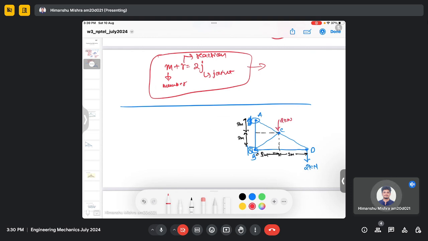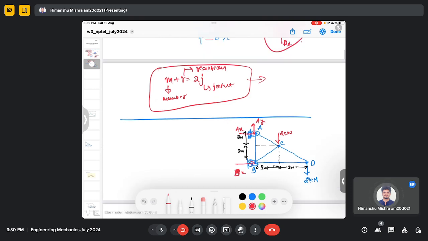And we know that in a pin joint support we have two reactions, AY and AX, whereas in a roller joint we have only one normal reaction. This roller, we can see in the figure, can move freely in the vertical direction but not in the horizontal direction, so there will be only one reaction.